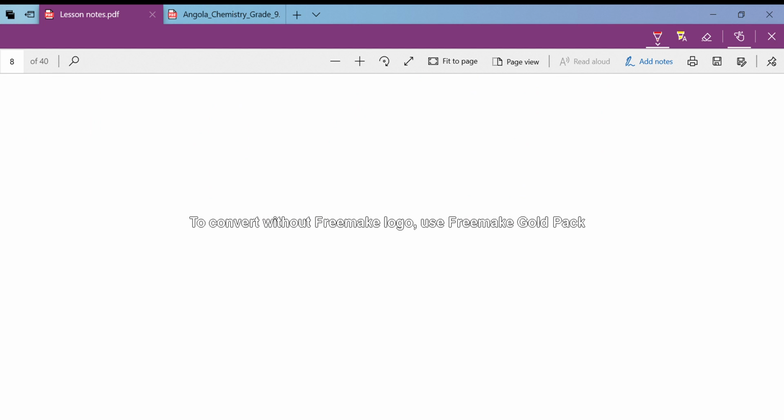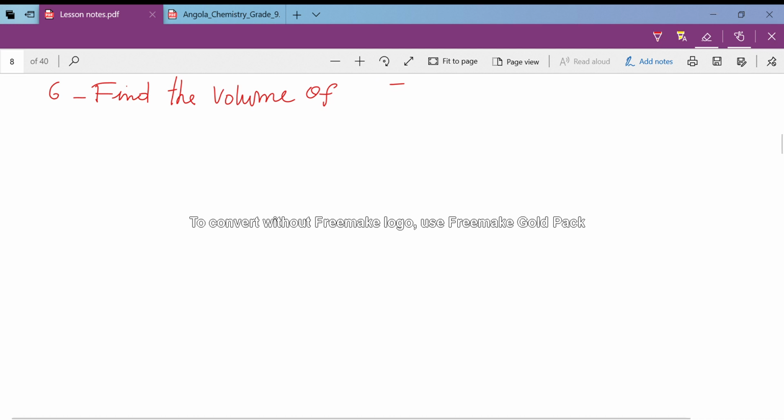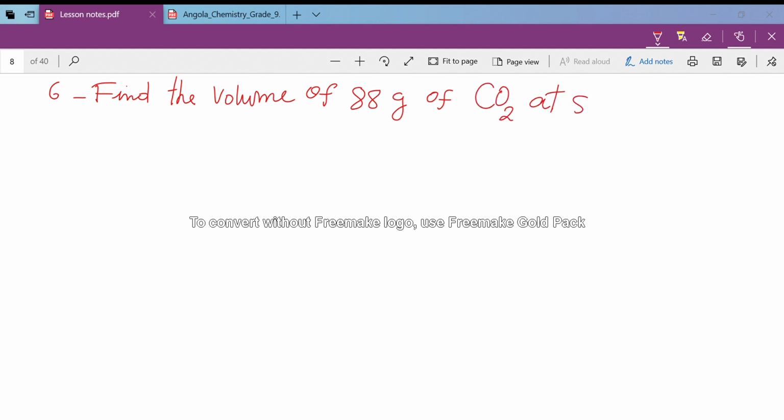Exercise number 6. Find the volume of, let's say, I'll complicate it a little bit now, 88 grams of carbon dioxide at standard temperature and pressure.